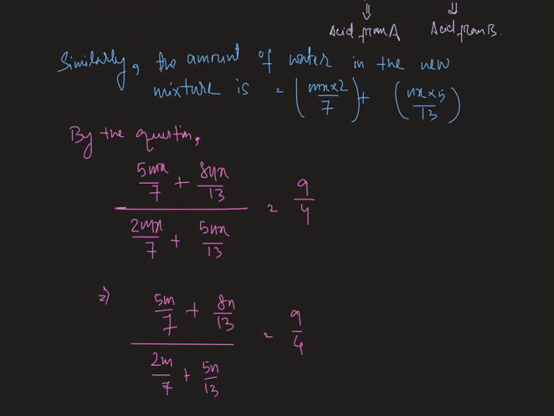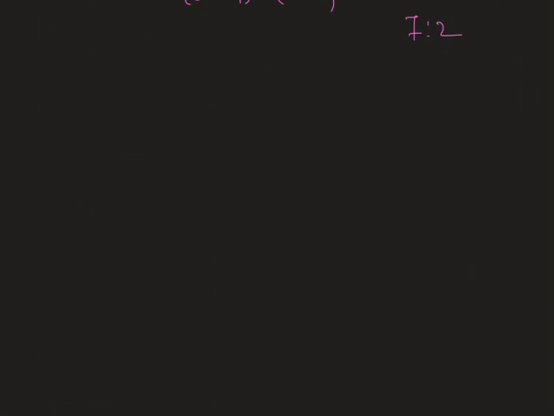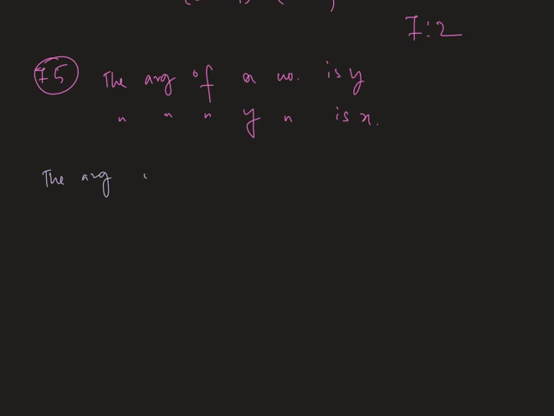So by the question, the average of x numbers is y and the average of y numbers is x. Now we need to find the average of x plus y numbers.